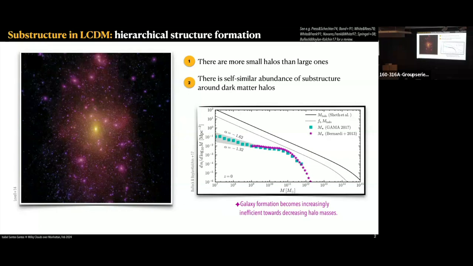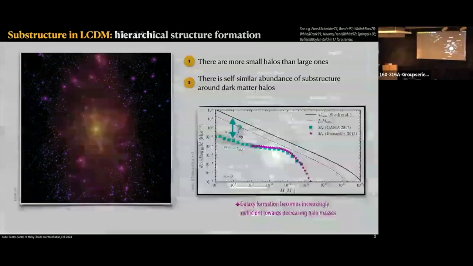So galaxy formation becomes increasingly inefficient towards decreasing halo masses. And the thing is that we don't really understand how this decline in galaxy formation efficiency happens. We don't know how steep it is, what's the scatter at a fixed stellar mass. And we don't know if there is a threshold halo mass below which no galaxies can form.